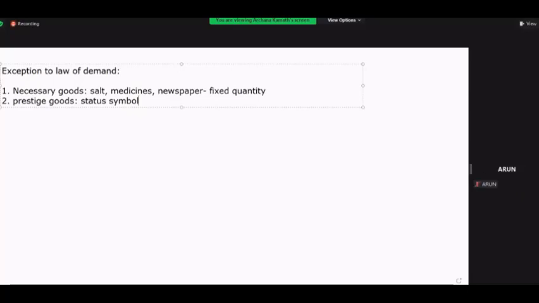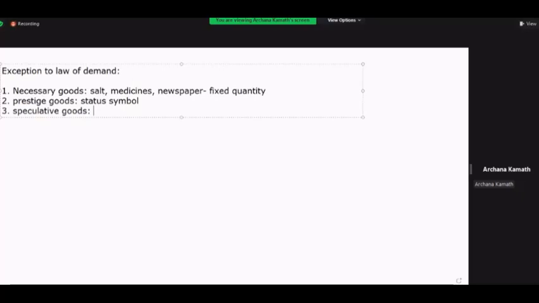So prestige goods are those exceptions to the law of demand. Even if the price varies or fluctuates, it has very minimal effect on the consumption of that commodity. Okay, any other exception? Clothes and garments, ma'am. Clothes, garments and all, don't you look at the price before purchasing, sir?